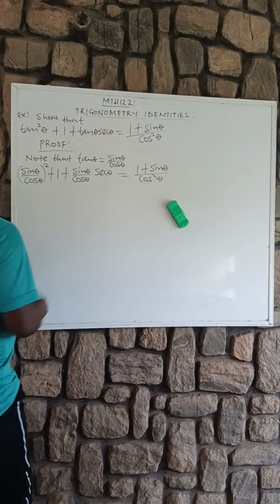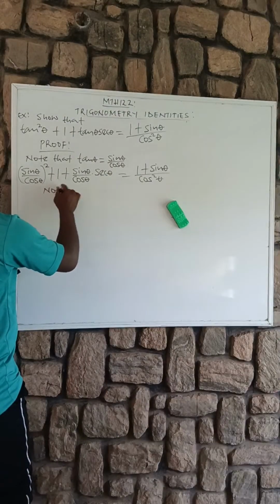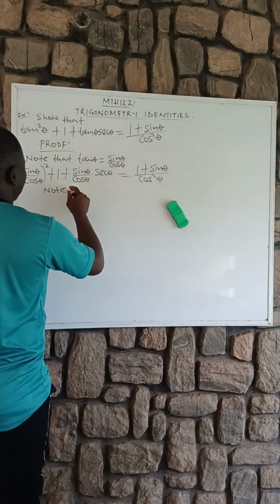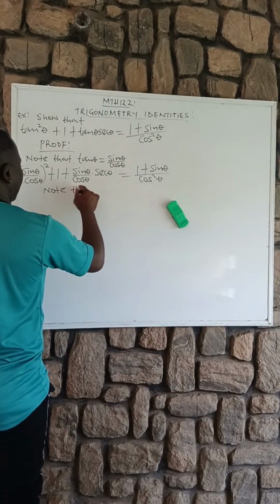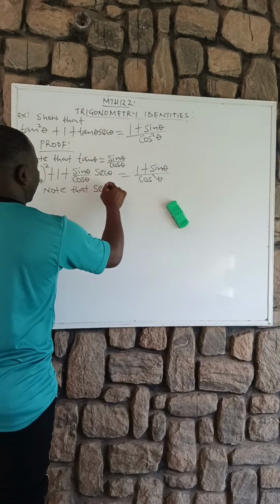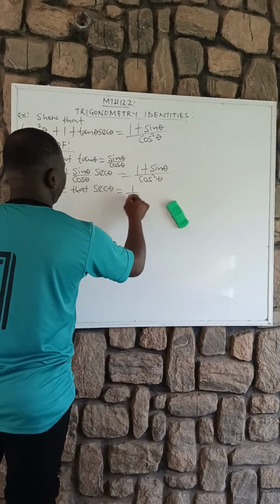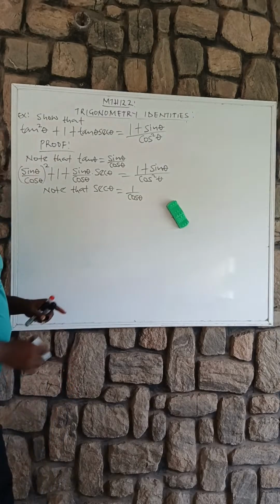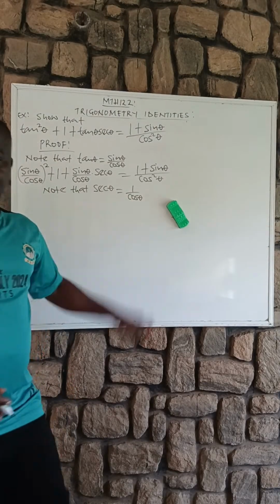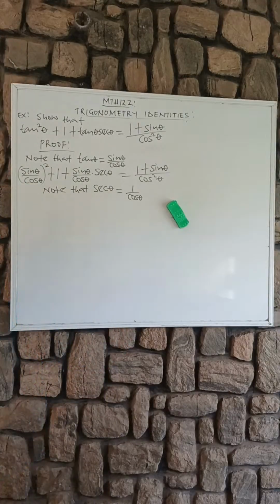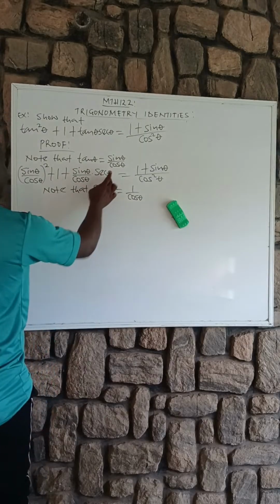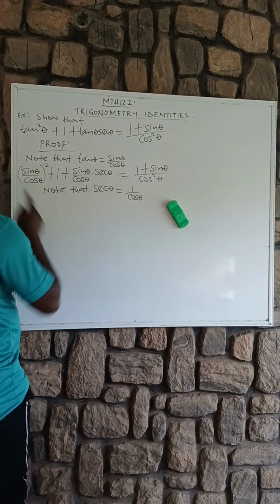Let us also note that sec theta is equal to 1 all over cos theta, true or false? It is true, right? So instead of sec theta, we replace it with 1 over cos theta.